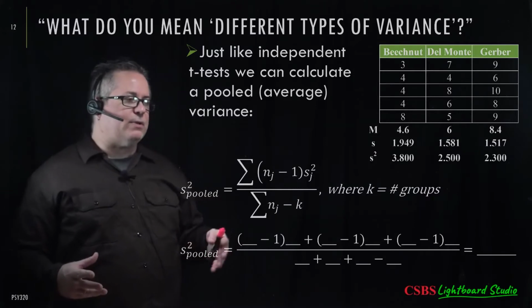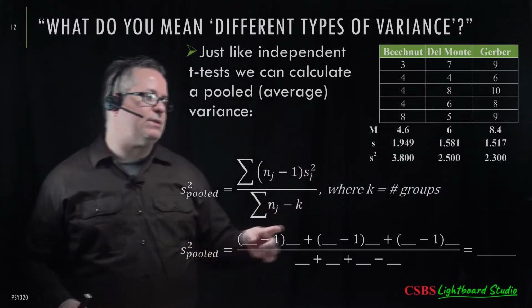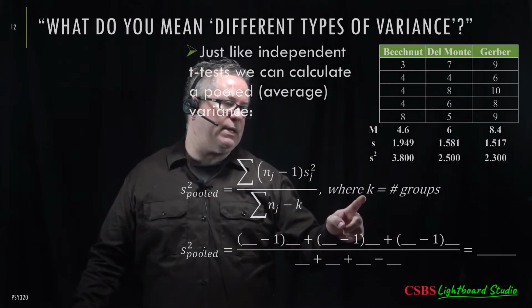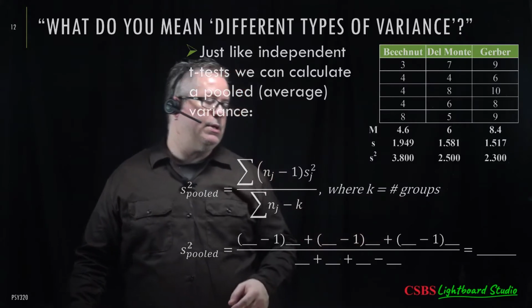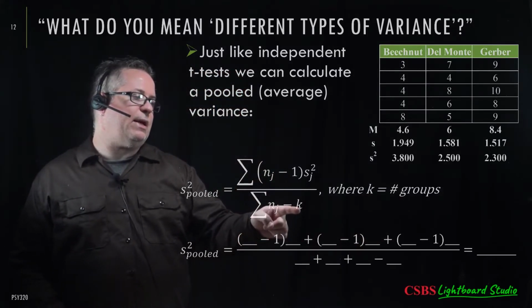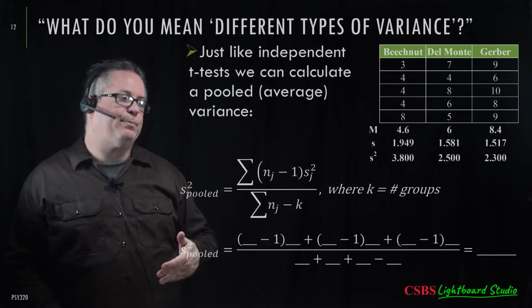Now when we get to ANOVAs, it could be 3, 4, 5, 6, 7. It can be as many groups as you like. So k is now just a letter we use to refer to the number of groups. Down here, I sum up all the n's and subtract k, because we're going to lose 1 degree of freedom per group.